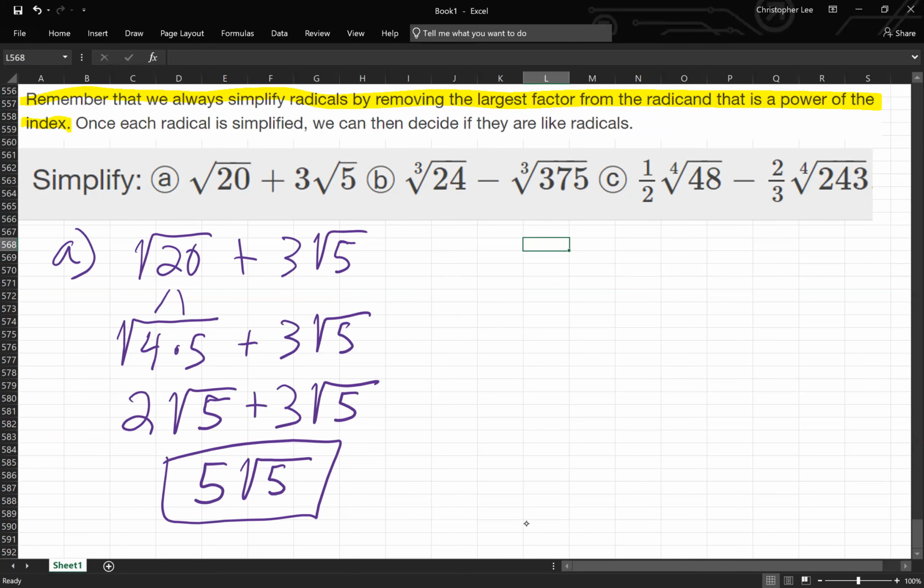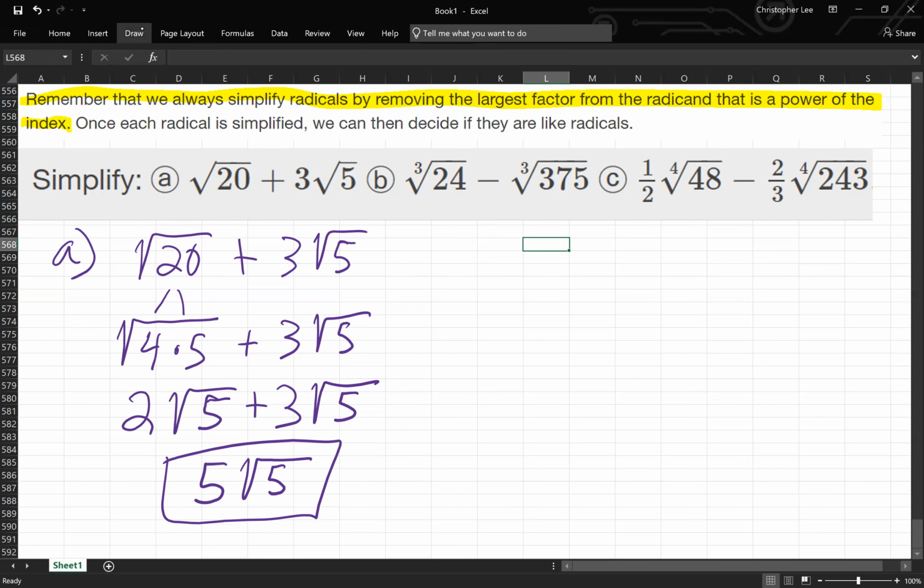Questions on that? So all I'm saying is that you might have two radicals where they have the same index, but the radicand might look different. However, you might be able to break it down and make it the same. If you can do that, break it down, make it the same, and combine the like terms. And if you can't break it down, then you already know that's the final answer.